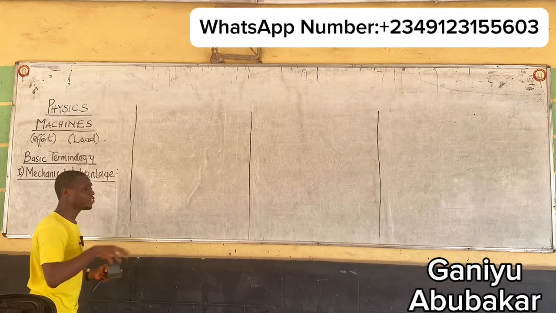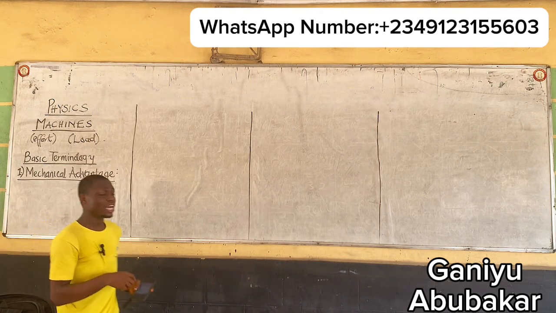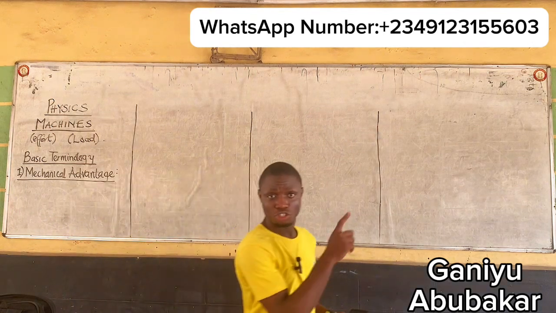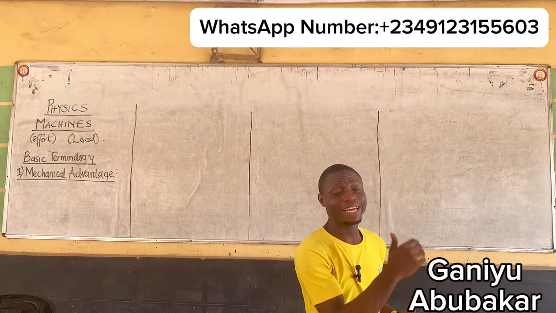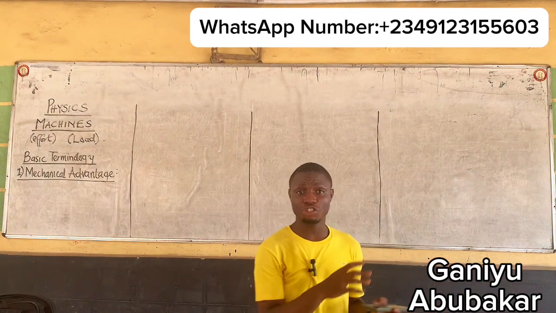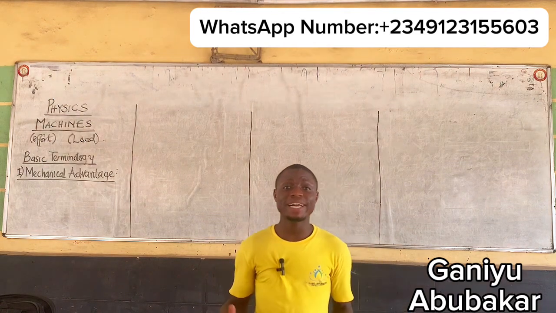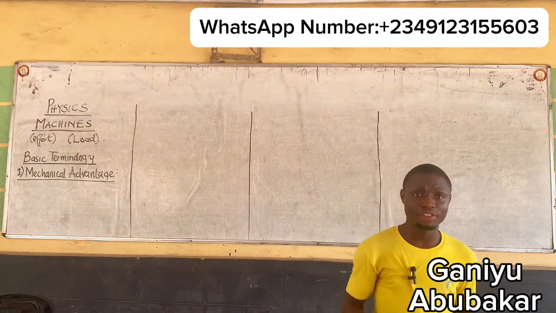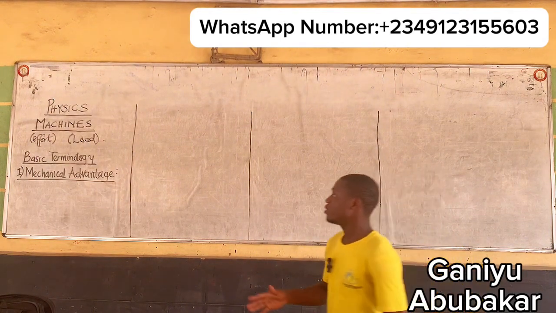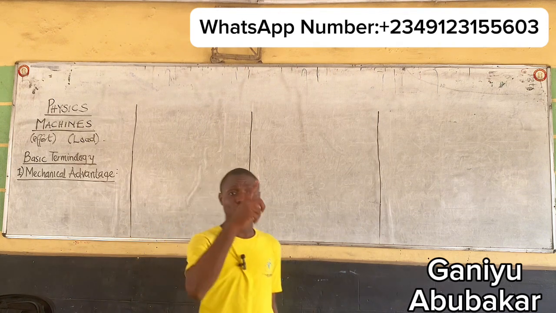From the definition I gave you now, we said mechanical advantage can also be called force ratio. So in an exam, if you have to calculate mechanical advantage or force ratio, please, the two names are the same thing. So bear in mind that force ratio signifies mechanical advantage.